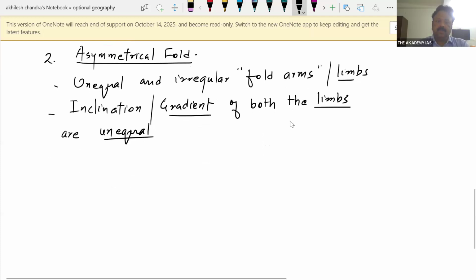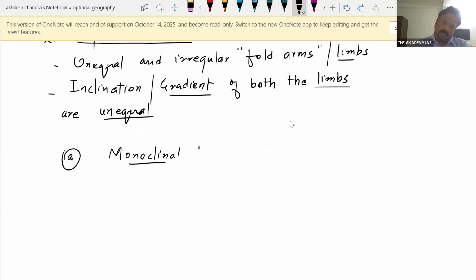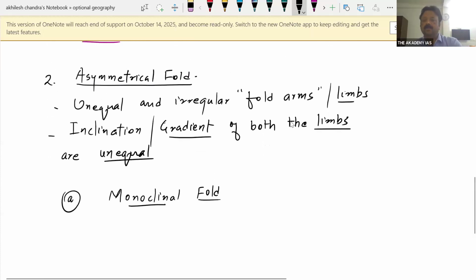An asymmetrical fold is of many types, like the first one is monoclinal fold. तो asymmetrical fold आप समझ पा रहे होंगे बच्चे, symmetry will not be there. Like this is the fold.